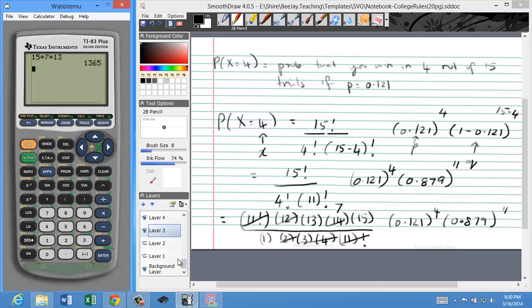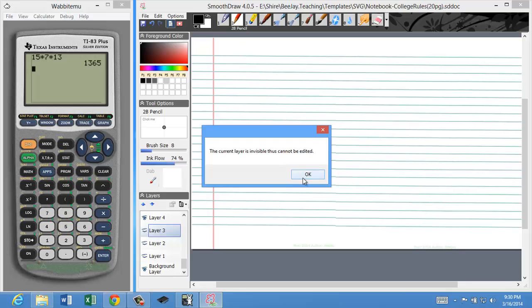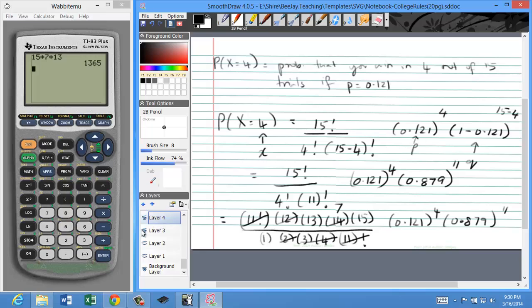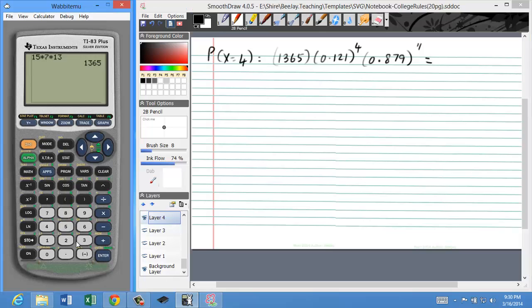So the probability can now be written as probability of X equals 4 equal to 1365 times 0.121 raised to 4 times 0.879 raised to 11.